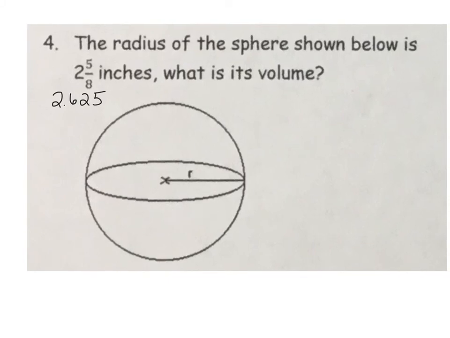Now volume of a sphere, remember, is 4/3 times pi times the radius cubed. Remember, you must show your work, show what it is that you put into the calculator. If you just have the answer, there's no way that we can count it correct. Show us what you did to get that answer.